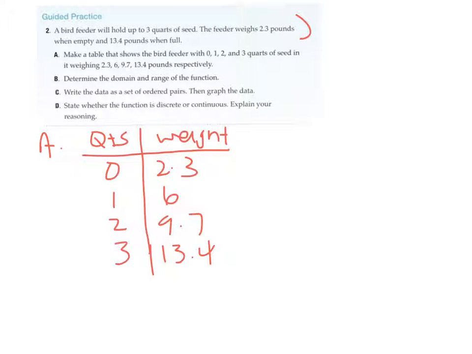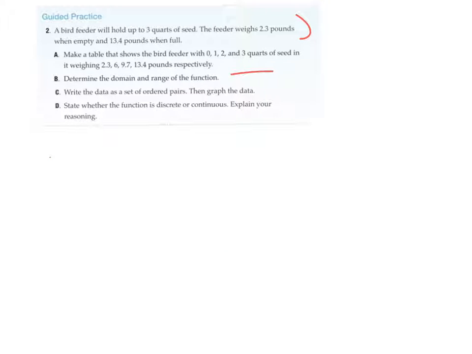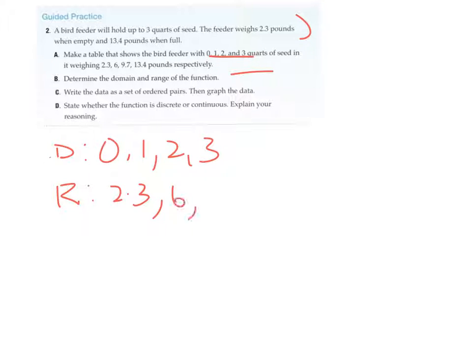So there's our table. Our domain and range: the domain is the x values, so the domain is 0, 1, 2, 3. Our range are the y values, 2.3, 6, 9.7, and 13.4.